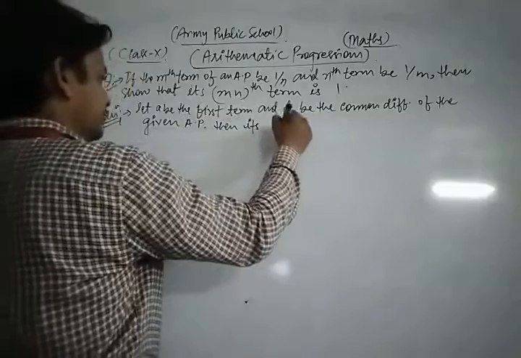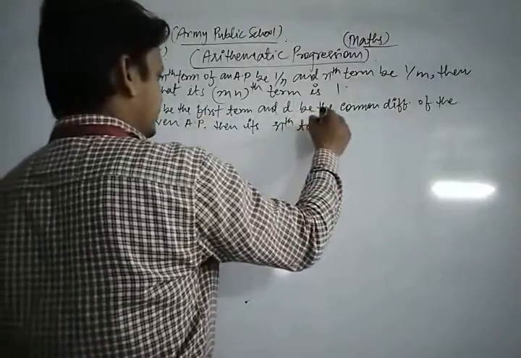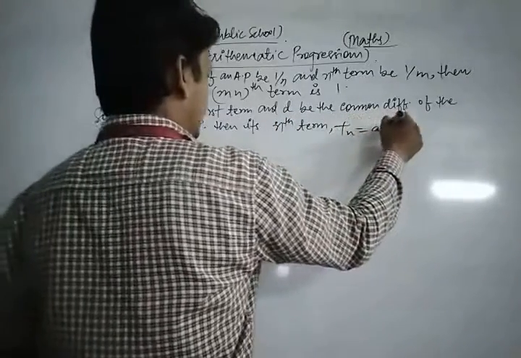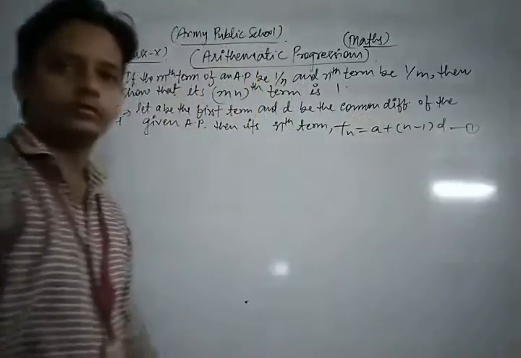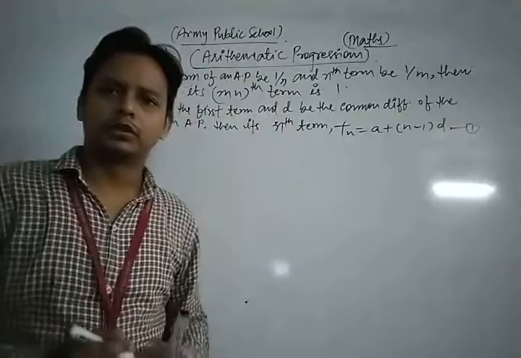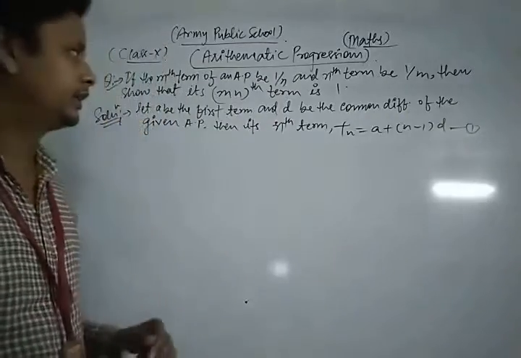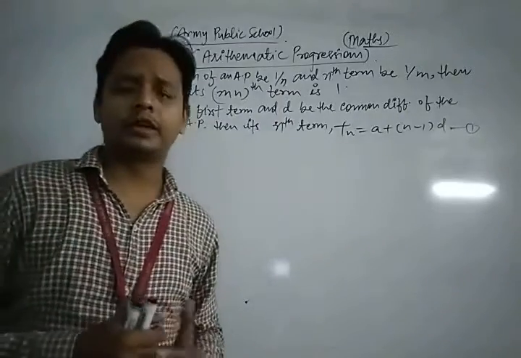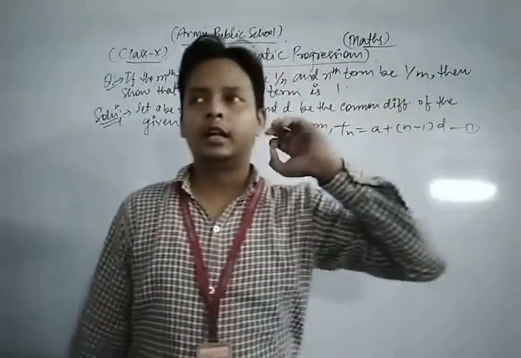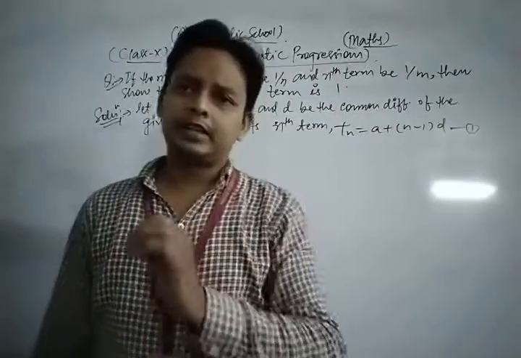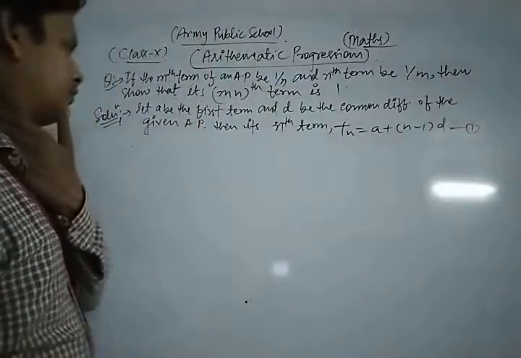Then its nth term will be A plus n minus 1 into D. We take this as equation number 1. So we take A as the first term and D as the common difference of the given AP, and its nth term will be A plus n minus 1 into D.